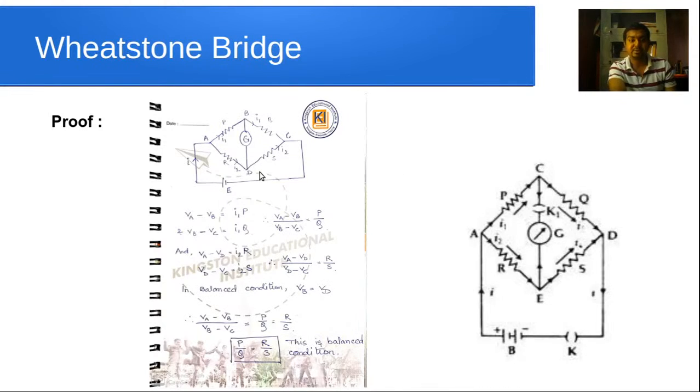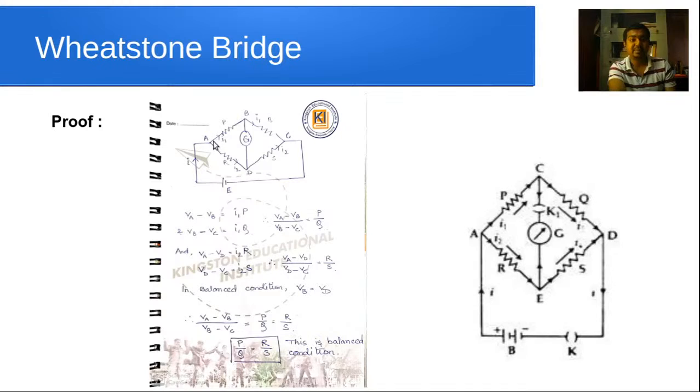So in that diagram, VA minus VB equals I1 into P. Why? From Ohm's law, voltage drop equals current into resistance.